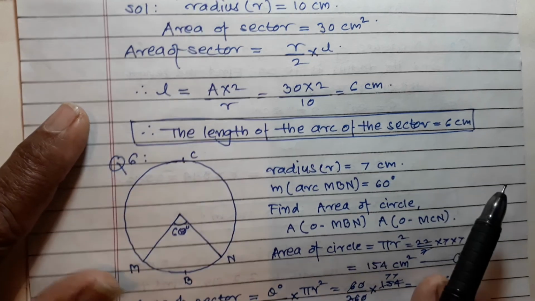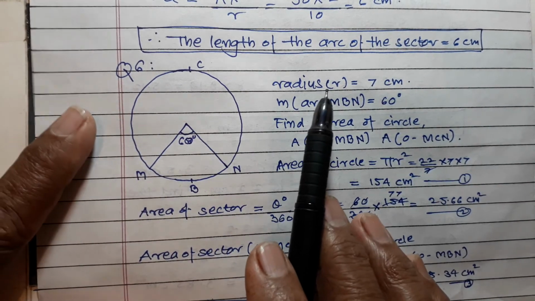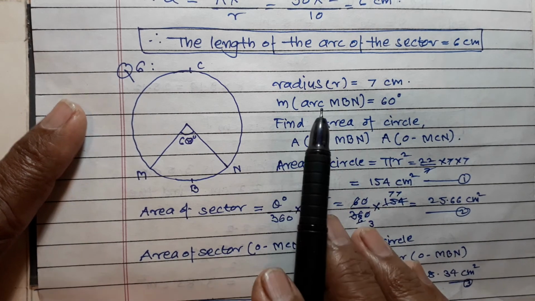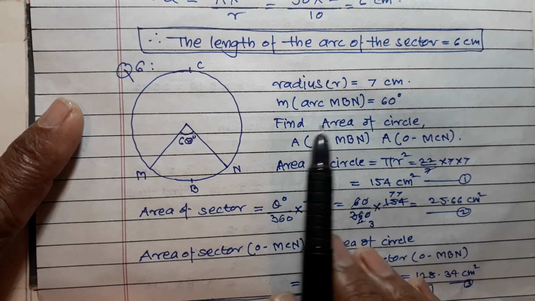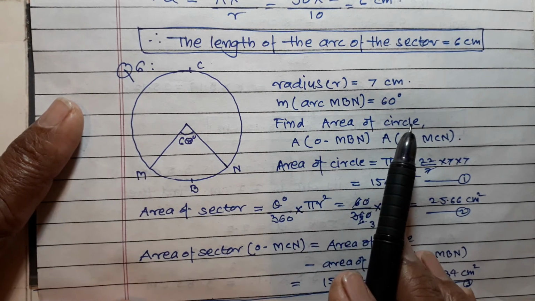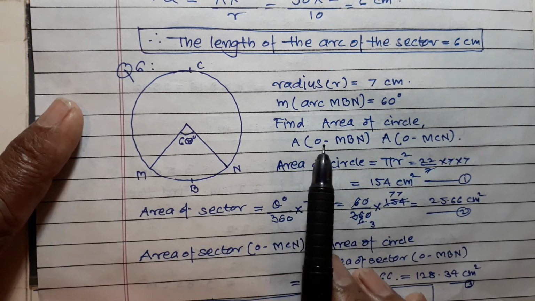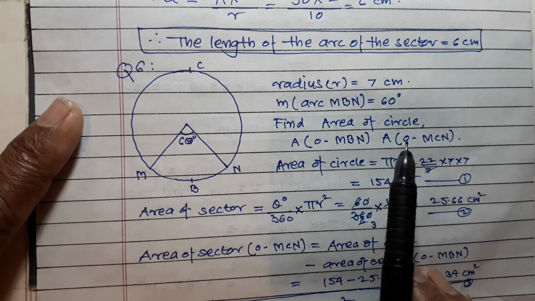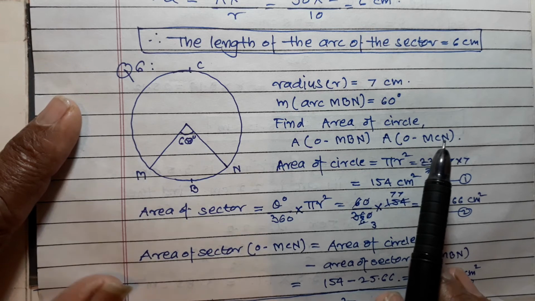Okay. Question number 6. Radius r is equal to 7 centimeter. Measure of angle MBN is equal to 60 degree. Find the area of circle, then area of sector O'MBN, and area of sector O'MCN.